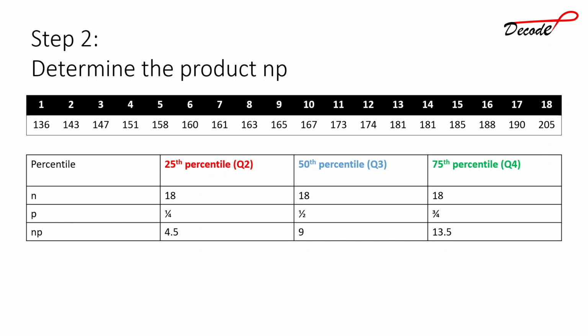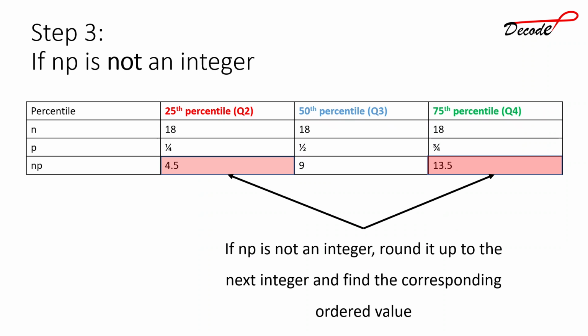According to our previous discussion, if the product of NP is not an integer, then we have to round it up to the next value. So here 4.5 and 13.5 are not integers. So we will round it up to the next integer to find the corresponding ordered value.